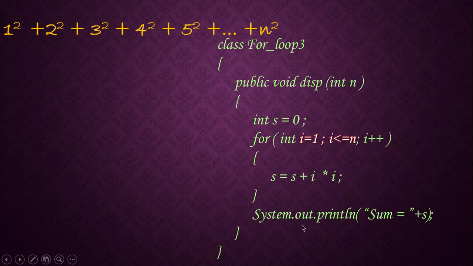And the printing statement should be kept outside the for loop, because summation will be computed multiple times, but the sum will be printed at the end one time. So what I am doing here is calculating the square value and adding it up with the previously stored value. So you try the dry run on this program on your own and see.